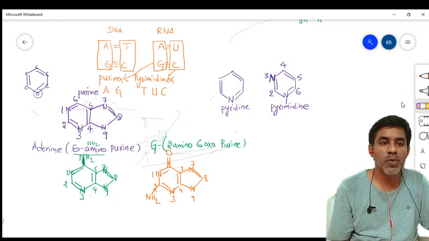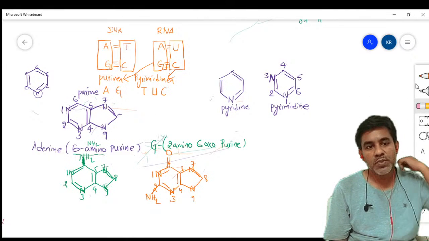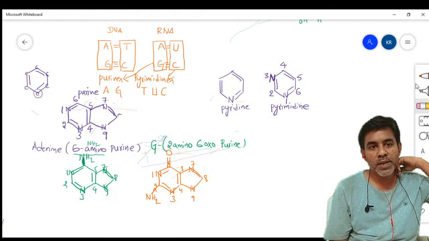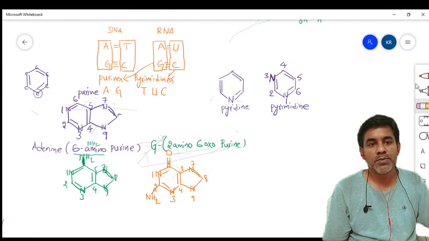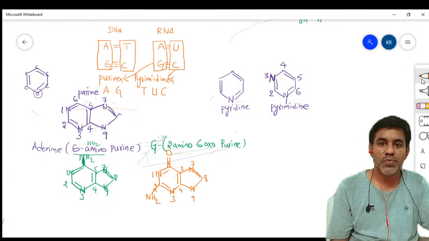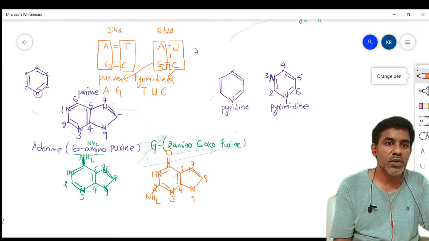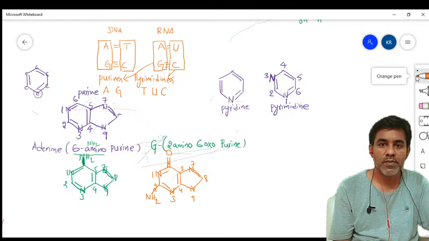Next we move on to the pyrimidines. We have 3 pyrimidines: thymine, uracil, cytosine. First we start with the uracil molecule.